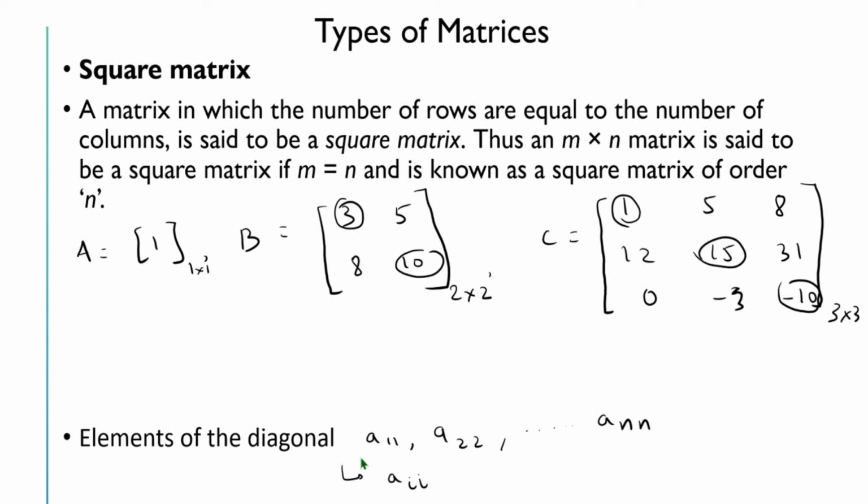Because this is the element in the first row, first column, A11. This is the element in the second row, second column, A22. This is the element in the third row, third column, A33. So these are the diagonal elements, that is A11, A22 up to Ann. They are all called the diagonal elements.